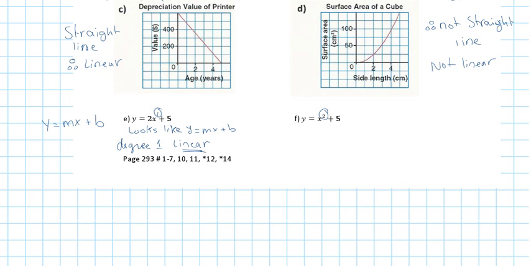This one is degree 2, so it's not linear. We'll discuss quadratic in the next lesson. Are we okay with this?